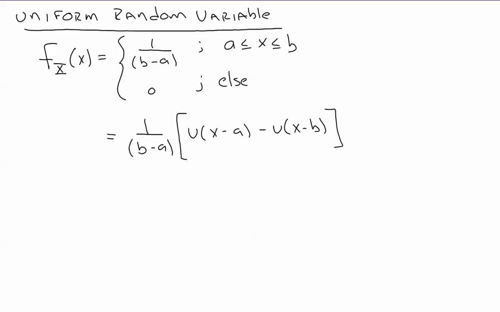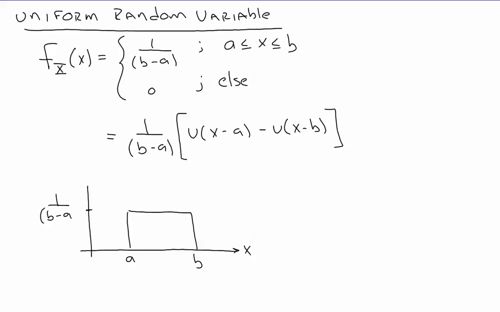And the graph of a uniform random variable will look something like this. So a uniform random variable says that my value x is uniformly likely to lie anywhere between point A and point B.